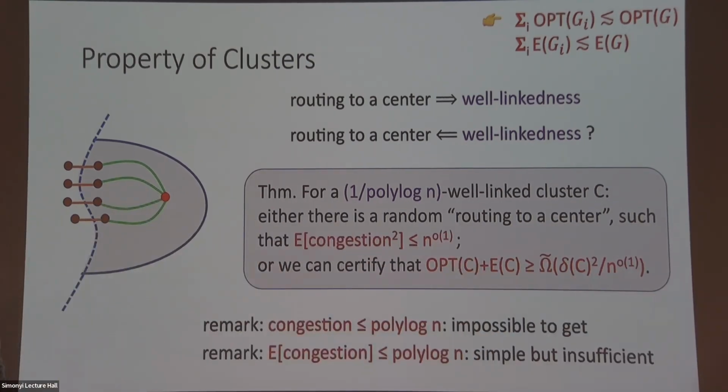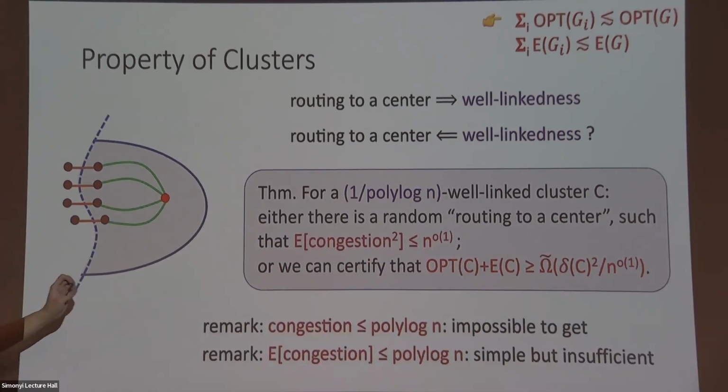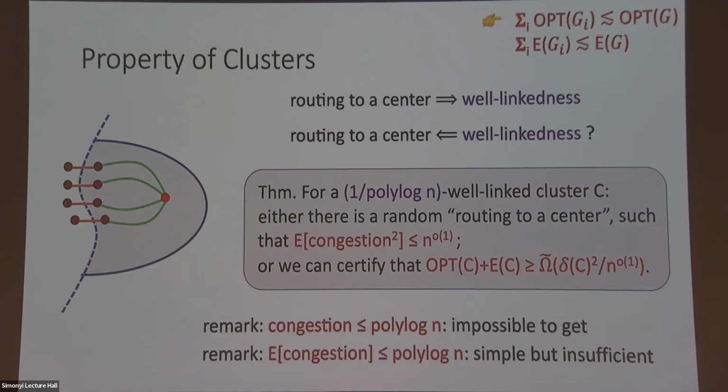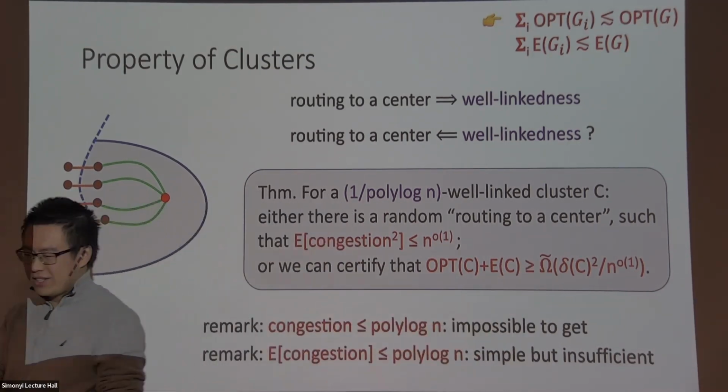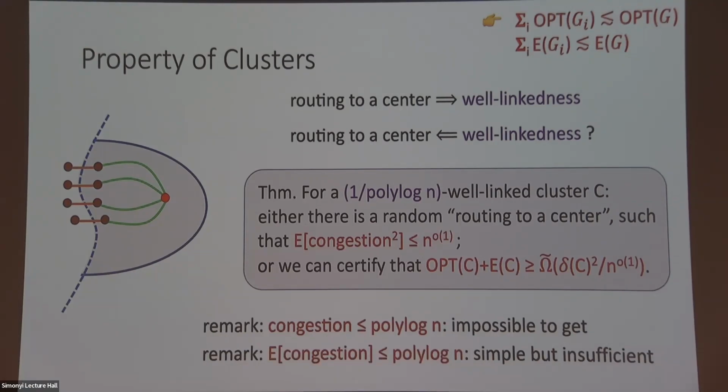Intuitively, what this means is that the trouble created by this cluster can be charged to itself. What is the trouble created by this cluster? Boundary of C squared. If we just cut this and separately do two drawings and combine them, the maximum number of crossings that we create in the middle is from these boundary edges. In the worst case, we can just allow each pair of them to cross once.